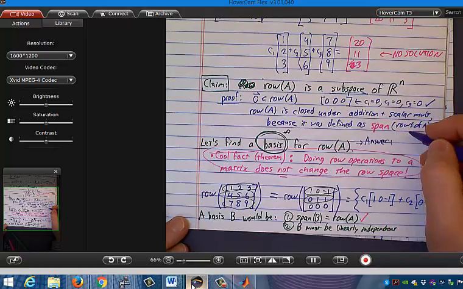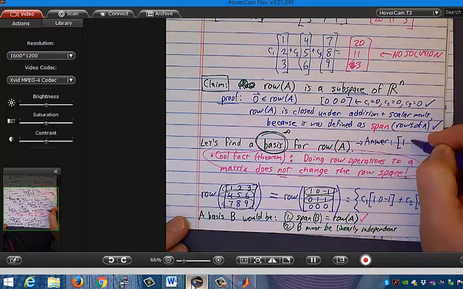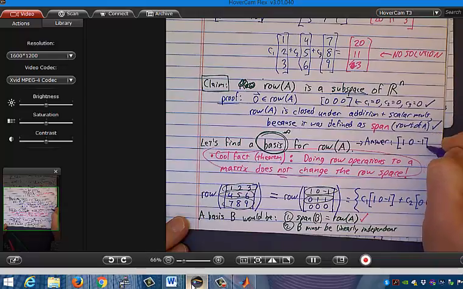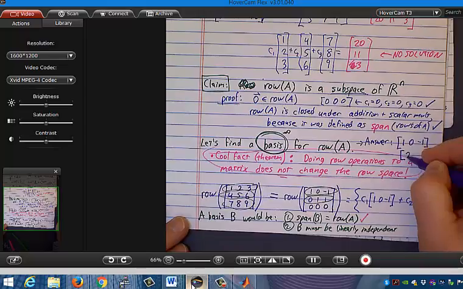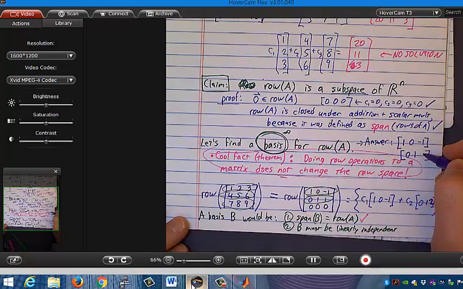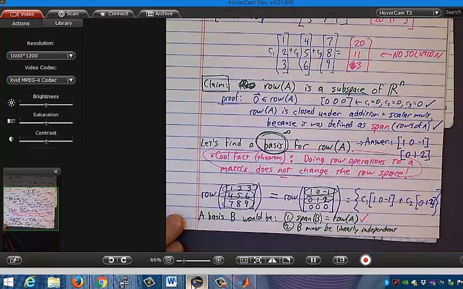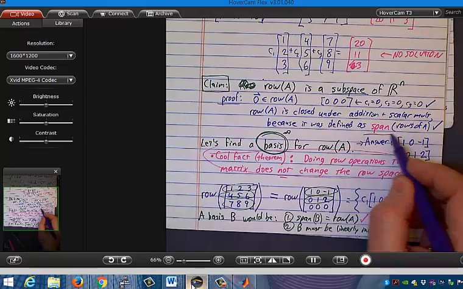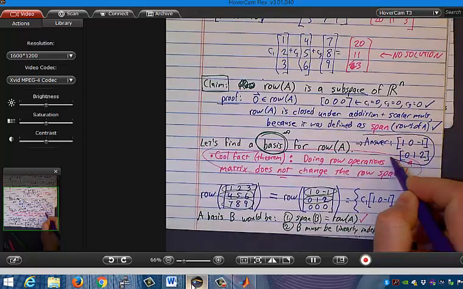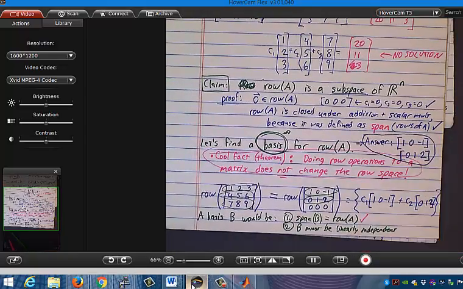I guess it would be 1, 0, negative 1, and what? 0, 1, 2. That's right. That's one possible answer. Is that the only answer?